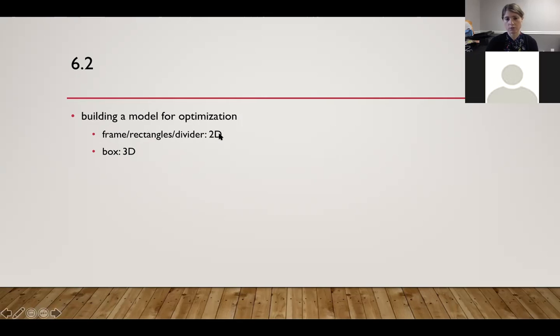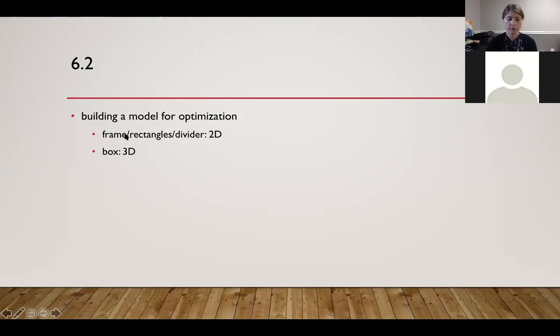The first one starts in 2 dimensions, the second one in 3 dimensions. And there's kind of a limited number of problems that I picked out of the 6.2. You'll see if you look in your textbook or watch the videos that are embedded in your ebook, they discuss a lot more types of models that you could optimize.